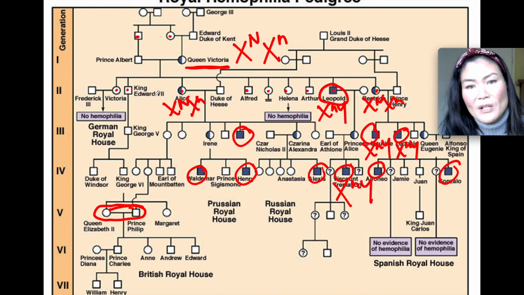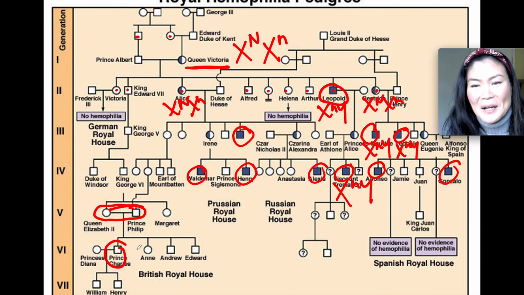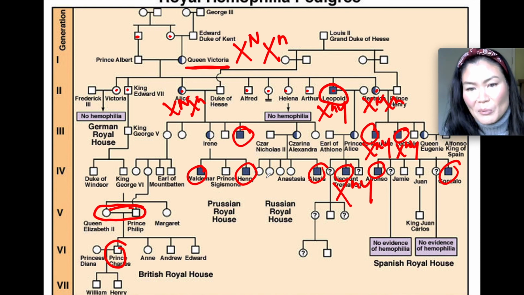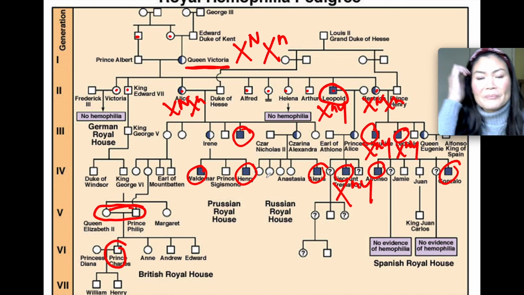So they're really distant cousins. And then here we have Prince Charles. Princess Diana passed away many years ago. And then you have Prince William and Prince Harry, who now lives in California. So anyways, that's the British plus Prussian and Russian and Spanish coming together.